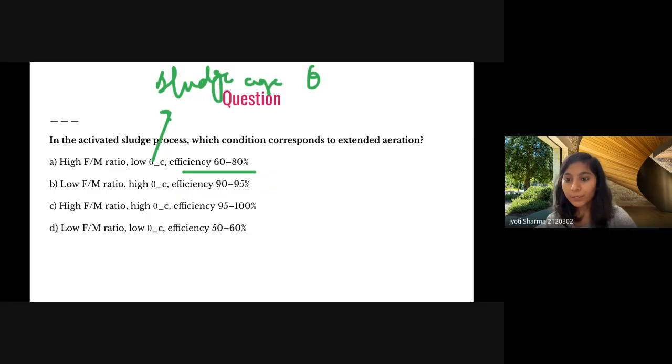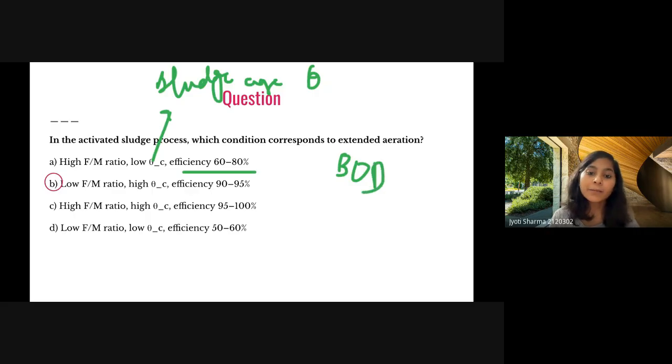So Dia gave me B, then Venkateshwara also gave me B option. Okay, so yes, B is the right option. As I told you, the efficiency to remove the BOD or to remove the organic matter will be inversely proportional to your F and M ratio.